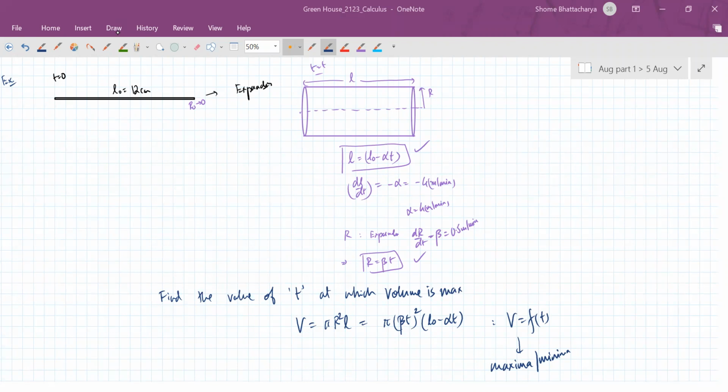It's 0.5 meter, right? Beta value, meters per minute. Yes, sir, but it's 0.5 meter per minute. Yeah, it's half a meter per minute. So the radius is increasing by half meters every minute, whereas the length is decreasing by 4 meters per minute.